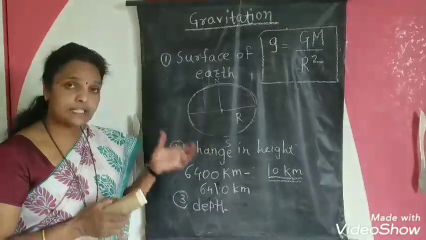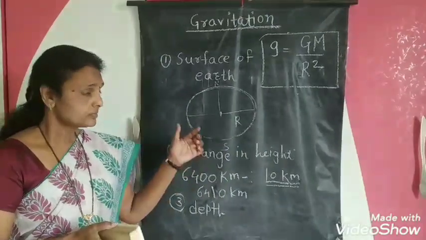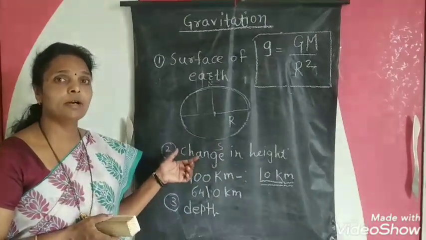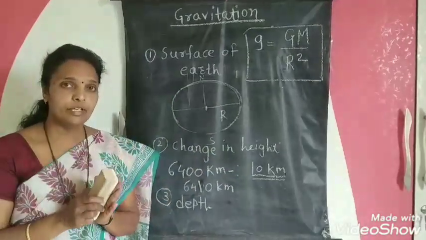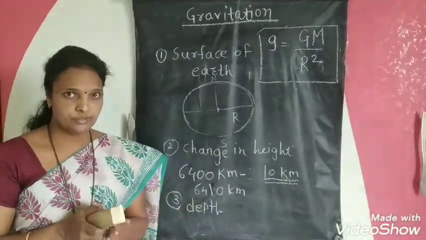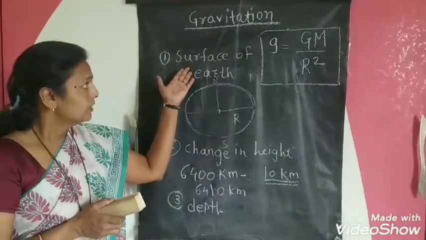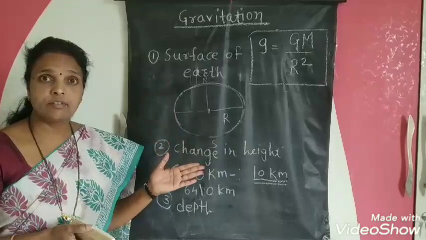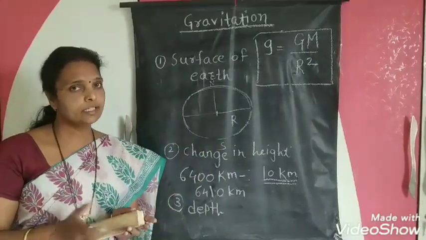Mass is a scalar quantity, weight is a vector quantity. The SI unit of mass is kilogram and the SI unit of weight is Newton. So here we finish: the value of g changes everywhere, as well as the difference between mass and weight.